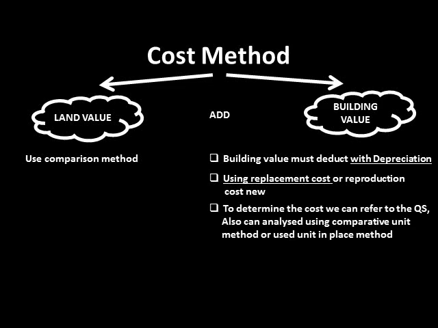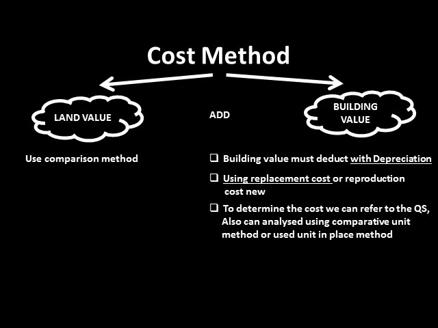So where do we get the new construction cost? We can refer to the QS, and you also can analyze using comparative analysis or the unit in place method. Normally the two things we use are to ask the QS and to compare and do analysis.